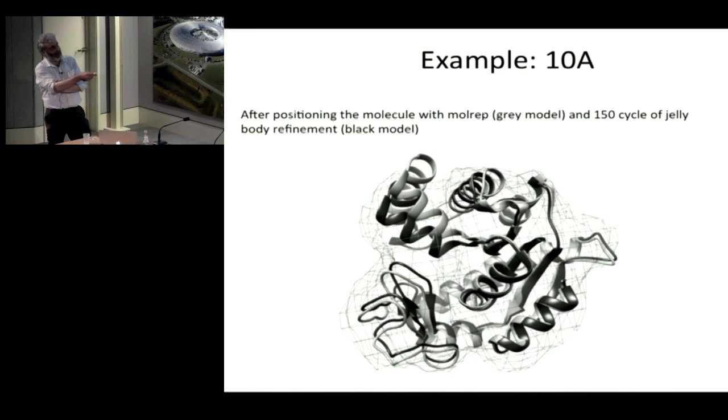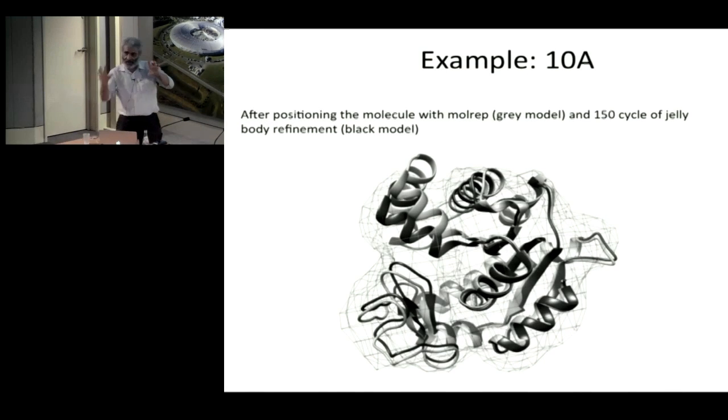We have a starting molecule in gray, and after jelly body refinement, after 150 cycles, secondary structures move in concerted fashion into the map.